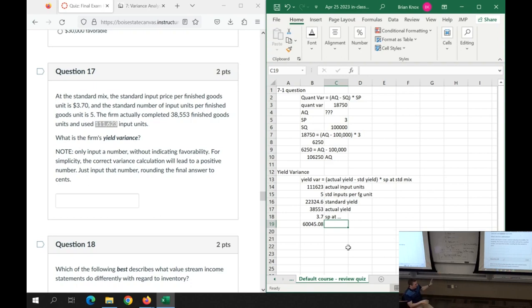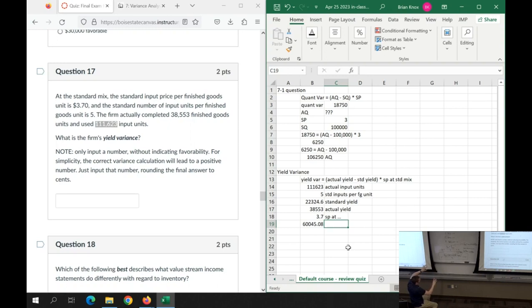The traditional quantity variance says we're going to hold constant the number of finished goods we have and move up and down the number of inputs we put in. So we got this number of finished goods units. Did we use a lot of inputs? Then that would be unfavorable. So the difference is positive. Or we use very few inputs compared to what we would have expected for this number of finished goods units.